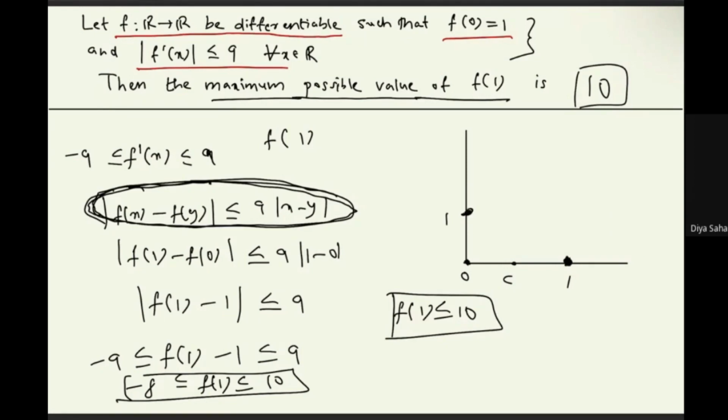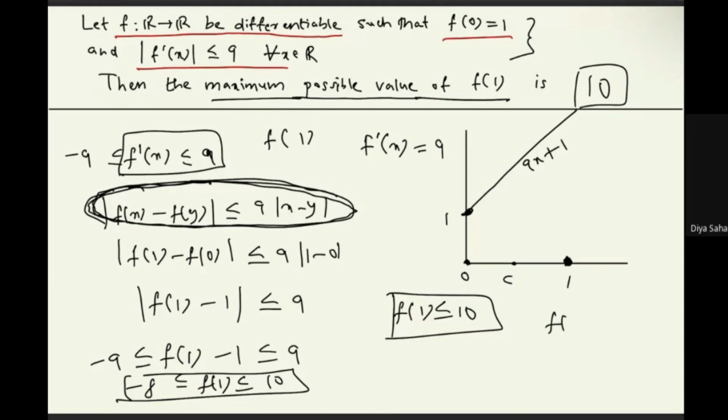What she did is take the function with the maximum slope, slope 9. What we know is f dash x is less than or equal to 9, right? So we go for the function with the maximum slope, f dash x equal to 9. That's the line with slope 9, this line. If you look for this function, it will be 9x plus 1.